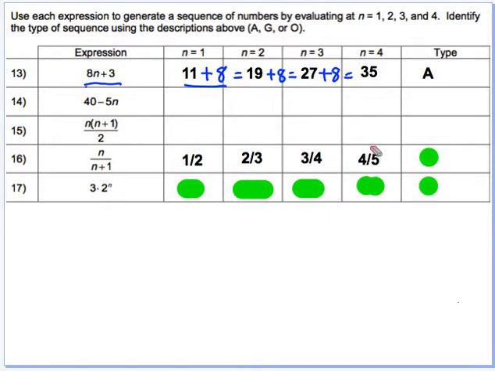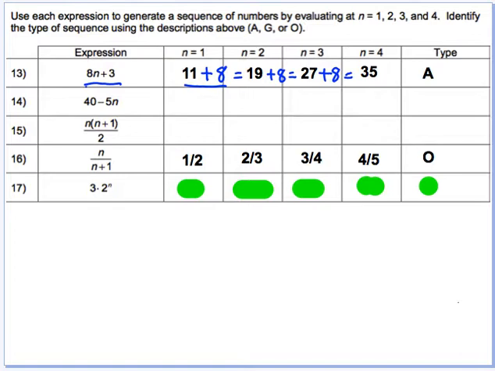And then the next one would be 4/5, right? Hopefully most of you have figured out that that is going to be an other type pattern. We're not multiplying or adding or dividing or subtracting by the same amount each time. That's an other pattern, and this one is a very common other pattern that you will see a lot coming up.